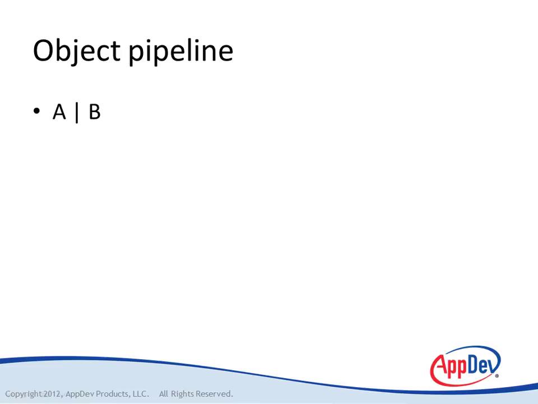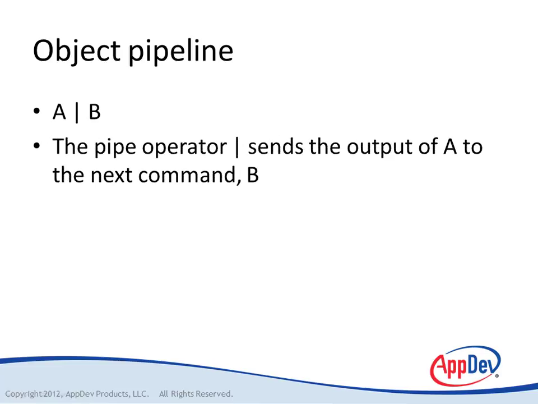Basically, what it does is it sends the output of A to B, and the operation is denoted by the pipe symbol. Now, that operator can be used to combine any set of commands, or commandlets rather, as long as the commandlet that receives the pipeline is set up to do it. It understands that kind of input.